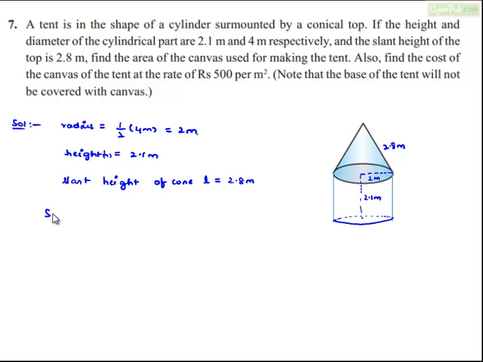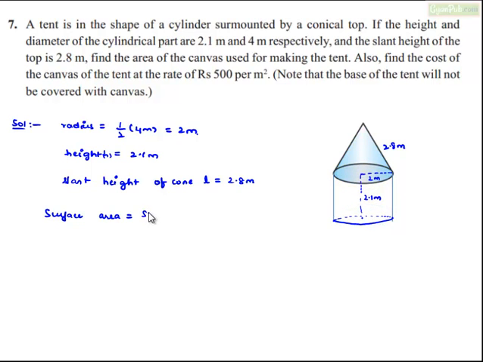Therefore here the total surface area is equal to the sum of the lateral surface area of this cylinder and the lateral surface area of the cone. If we consider the surface area of the cone plus the lateral surface area of the cylinder, then we get the total surface area of the tent.